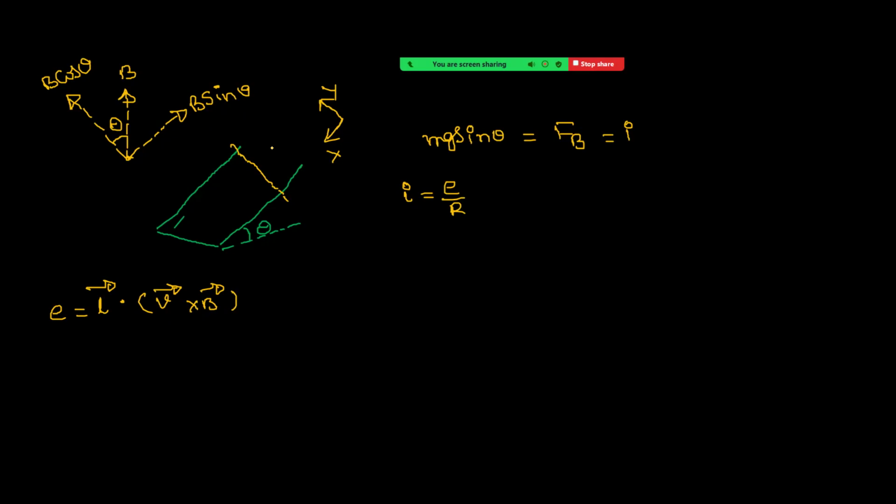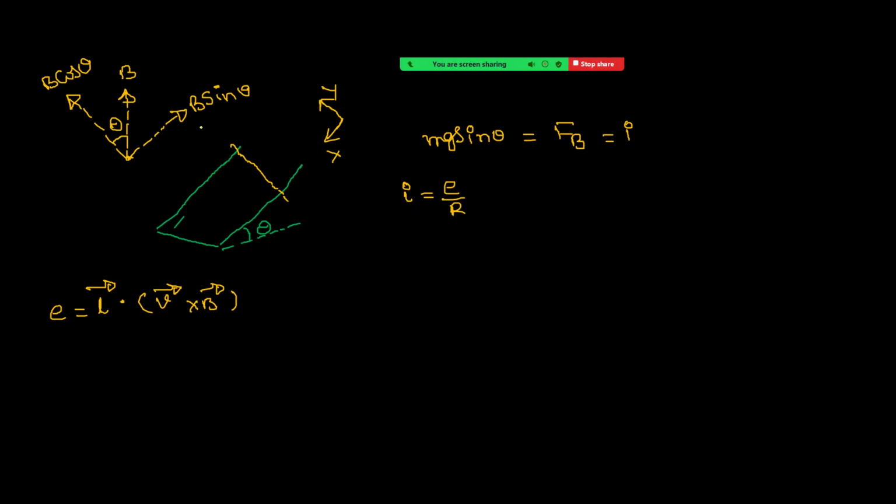Therefore, between these two, the angle is 180. That means because of this component of field, no EMF is induced across this rod. EMF is induced only because of this B cos theta.